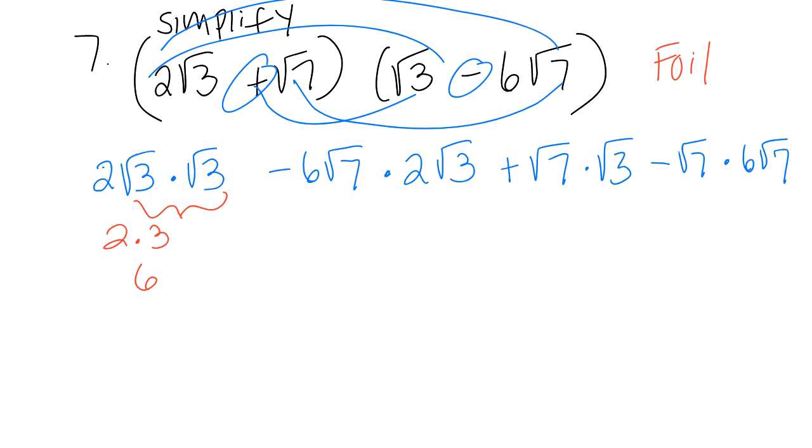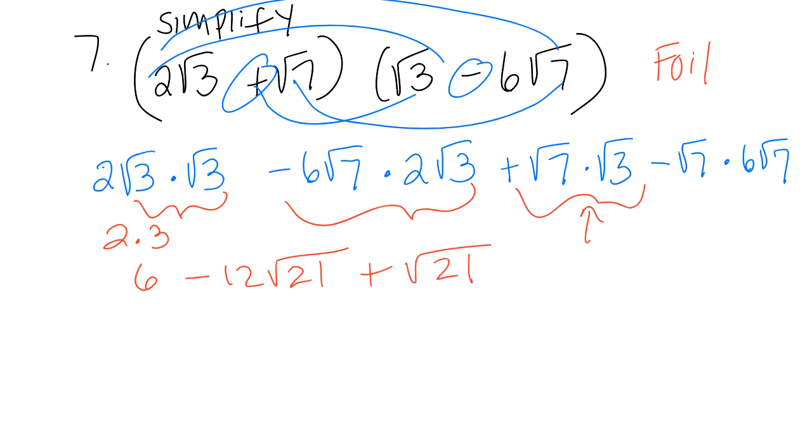And then I do this part right here. Multiply the -6 and the 2, I get -12. And then radical 7 times 3 is 21. And then go to this piece right here. Radical 7 times 3 is 21, and I'm multiplying so I can multiply the numbers.